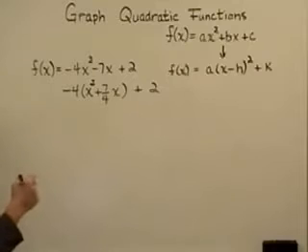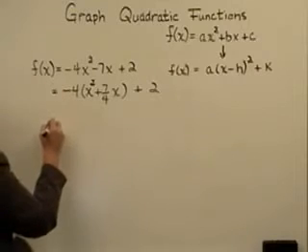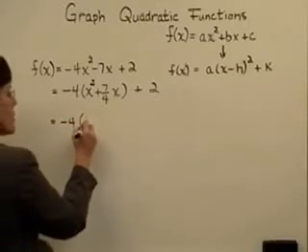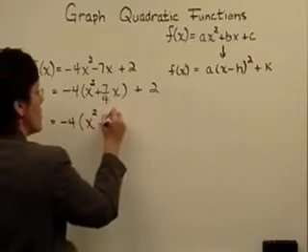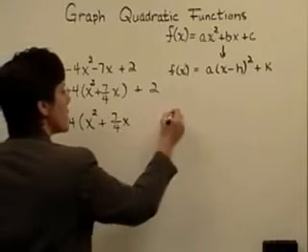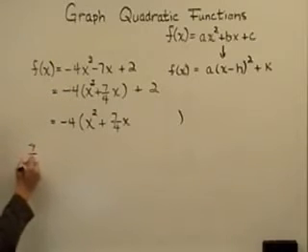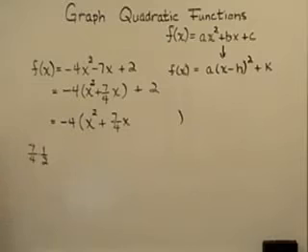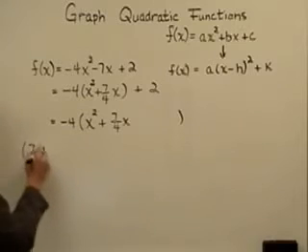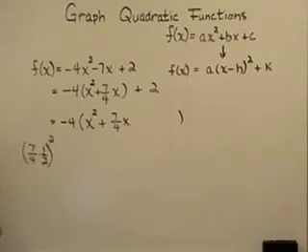Next, I have to complete the square, and that's a pretty formidable task because I've got a 7/4 in front of x right here, and I'm leaving myself some room right here. So I've got to take 7/4, I've got to take half of it, remember that's how you complete the square, and then I've got to square that value.